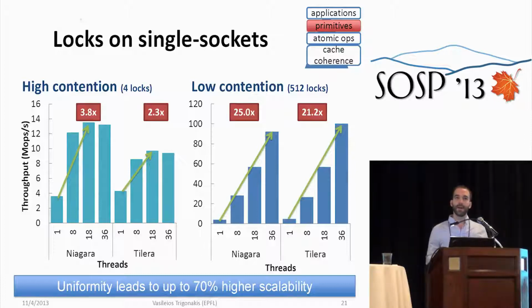So first on locks, and the first thing to observe is that on both the Niagara and the Tilera, on both contention levels, we get very nice scalability on this experiment.